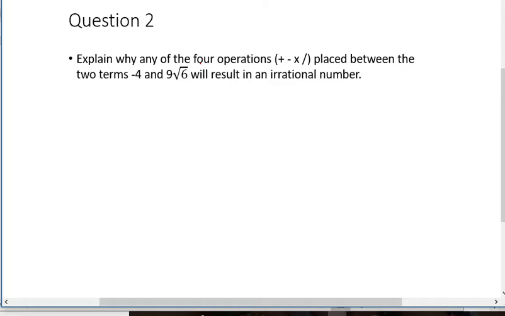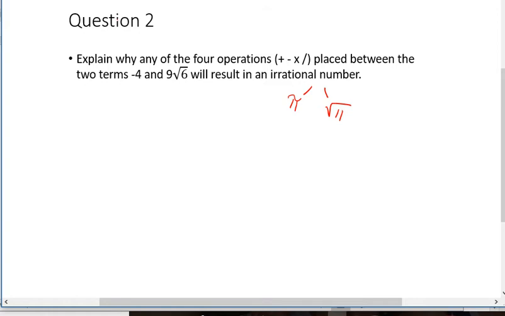You can have a repeating decimal that is rational, but if you have a decimal that has no repetition to it and it goes on forever, that's going to be irrational. So our two main examples of irrational numbers are numbers with pi and square roots that are not perfect squares.